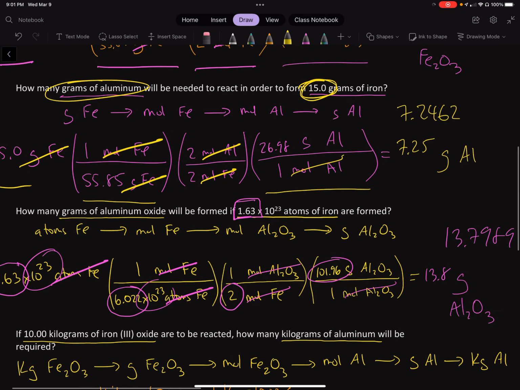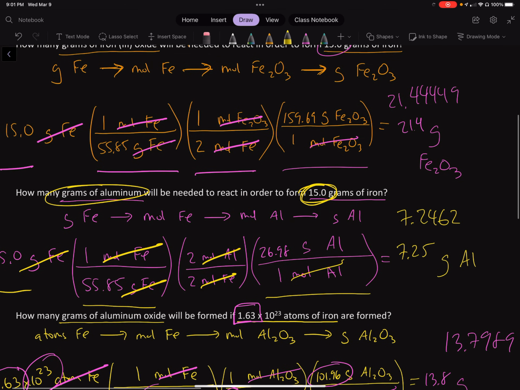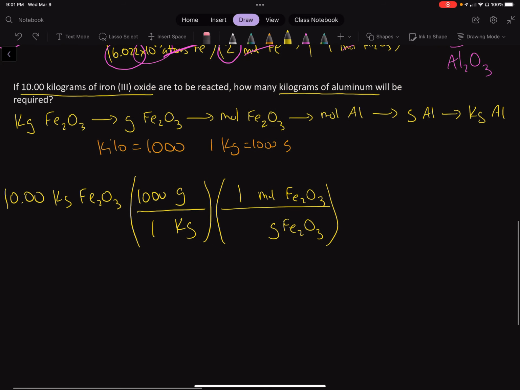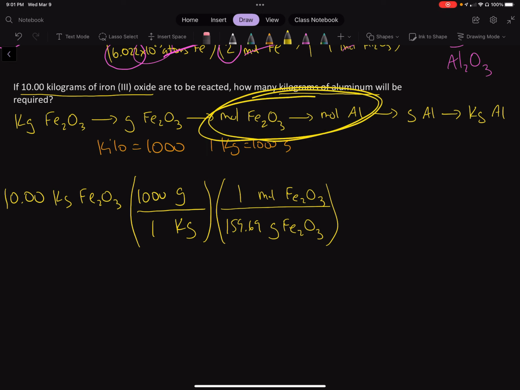So I'm just checking. Yes, 159.69. We used it up here. 159.69. Okay, so the next conversion, we have to go from moles of iron oxide to moles of aluminum.